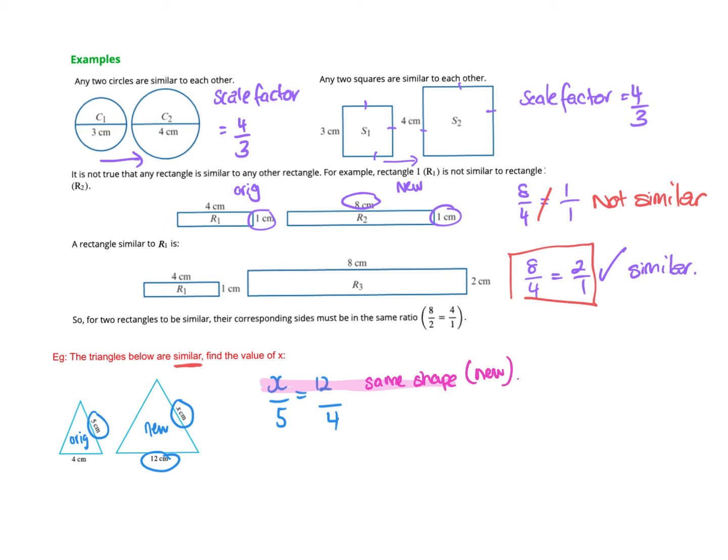And if you look across here, this way is the original. They're both from the original shape. And then obviously when you look down this way, they're the corresponding sides. So corresponding, sorry, can't spell, sides. Okay, so the X and the 5 are the slant bit of the triangle.